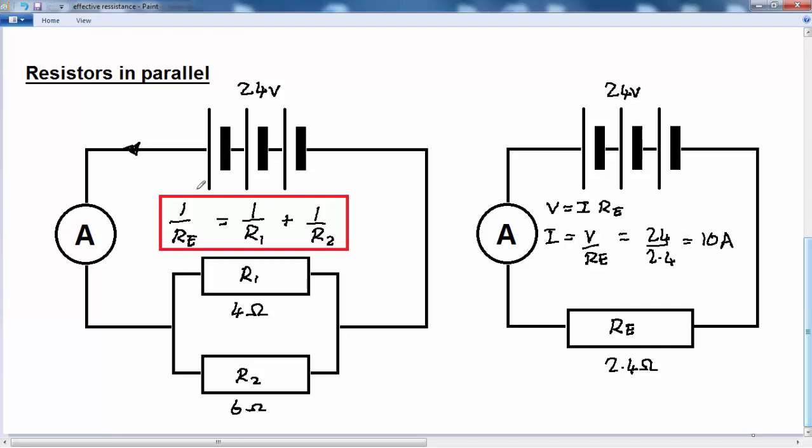So we've now calculated that flowing around this primary branch of the circuit we have a current of 10 amps.